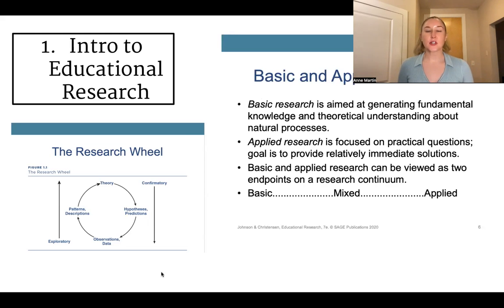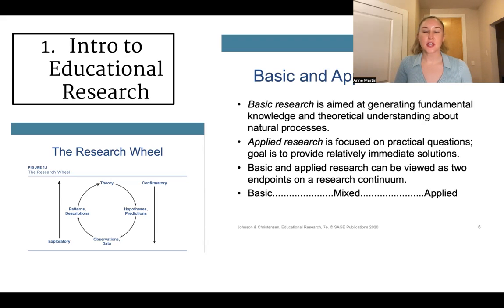So basic research is meant to contribute to our knowledge and theoretical understandings about the world. And so as you're reading the text, you'll see some examples of these, and you can comment if you have an idea as well. Now, applied research is based on specific questions that, particularly in education, might be research that we need to understand different pedagogies or learning techniques that we are using in the classroom.